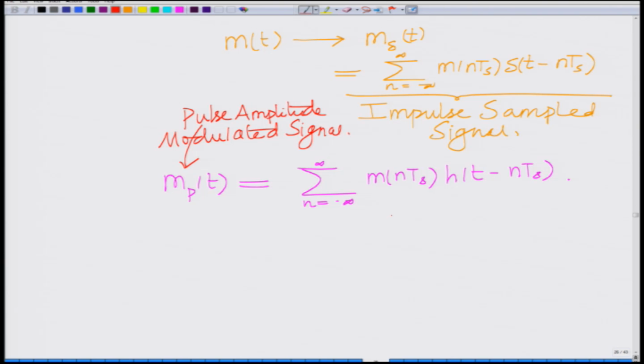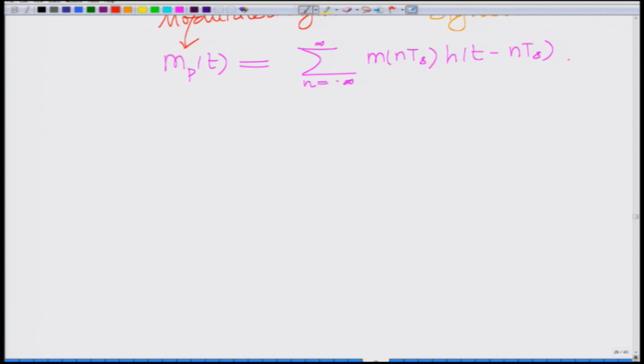Here my pulse is h of t. My pulse is basically of width 0 to T, and of height 1.